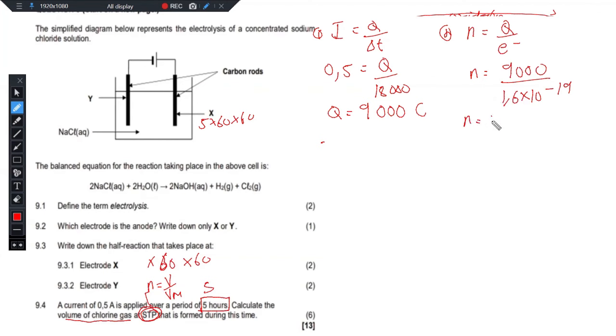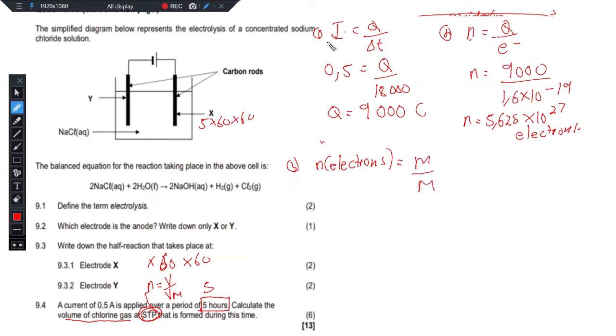So n = 5.625 × 10²² electrons, right? Electrons. Now, from here, you can calculate the number of moles of the electrons. So number 3, you want to calculate the number of moles of the electrons. Note there is a difference between this n here and the n that I'm going to use right now.